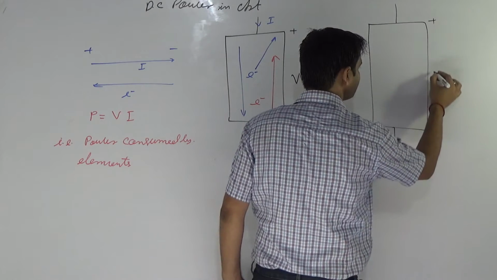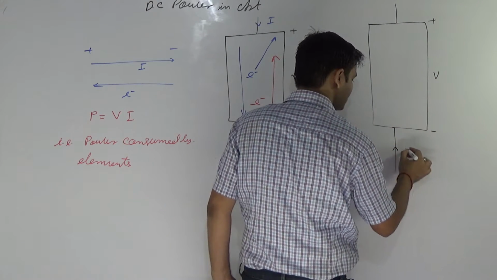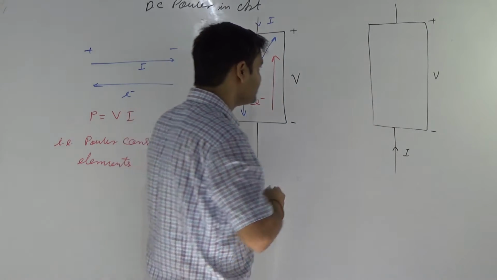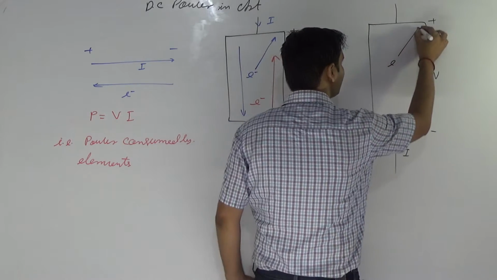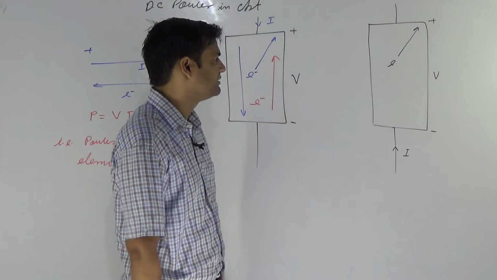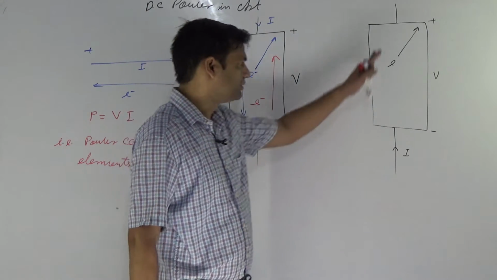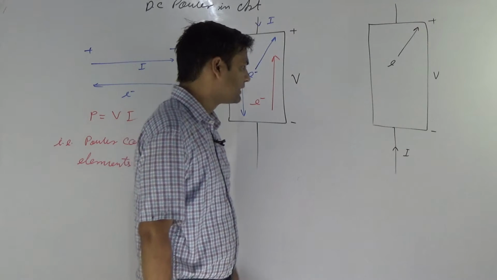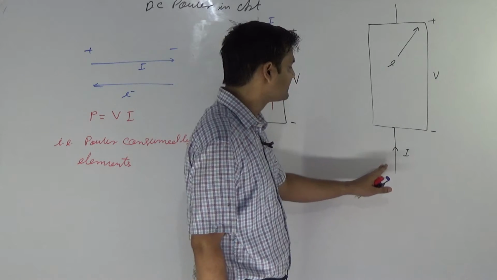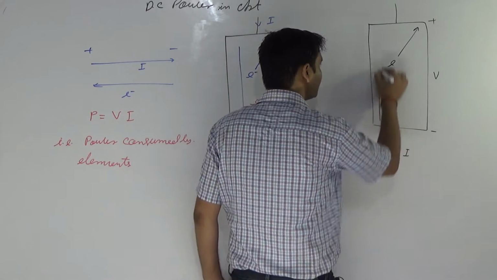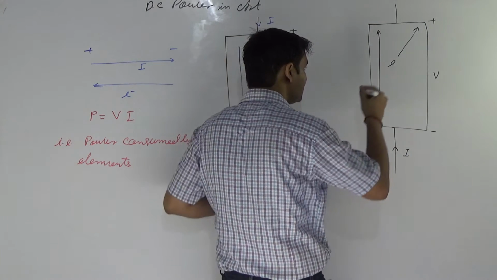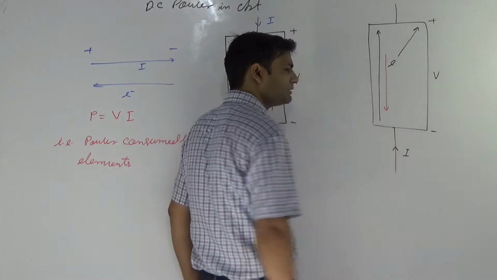Now another way. This is plus and this is minus. Current is flowing through from the negative to the positive terminal. The natural tendency of the electron is to be attracted by the positive terminal, but the direction of the electron is decided by the current. The direction of current is negative to positive. That's why the electron tendency according to this current is plus to minus.